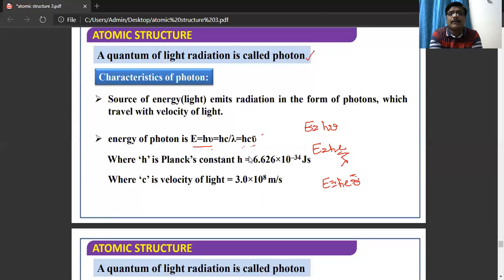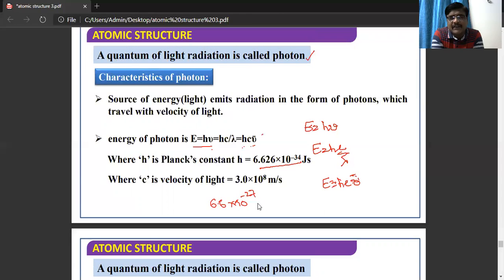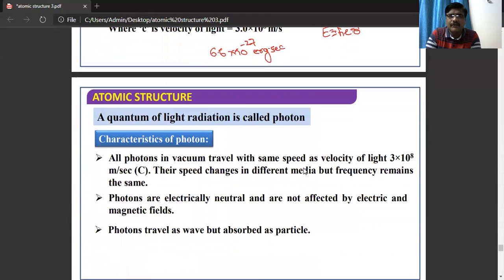These are the formulas. In all these, h is a constant, known as Planck's constant. Its value is 6.6 into 10 power minus 27 erg second, or 6.6 into 10 power minus 34 joule second. So that is about the characteristics of a photon.